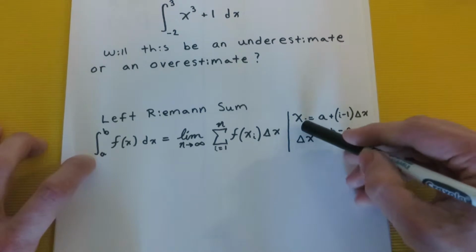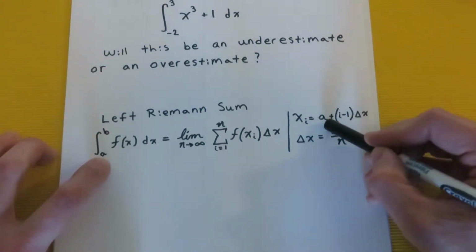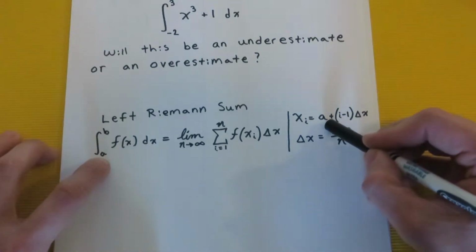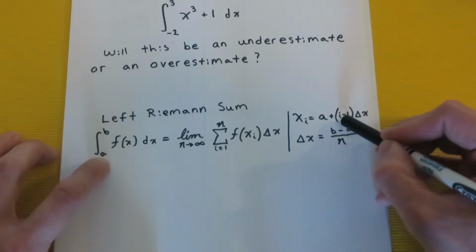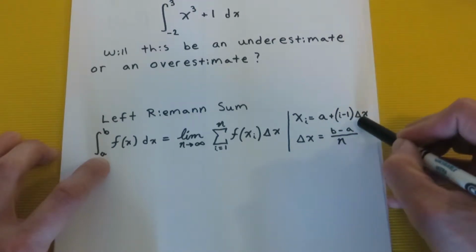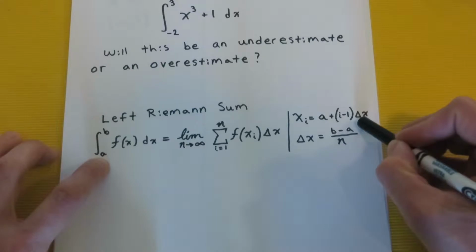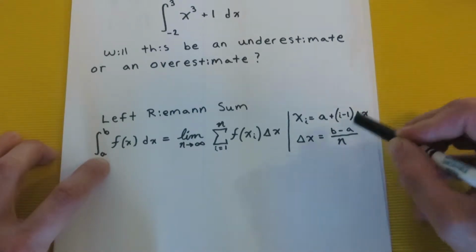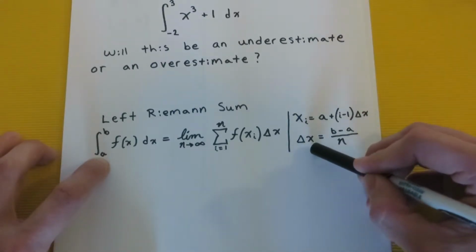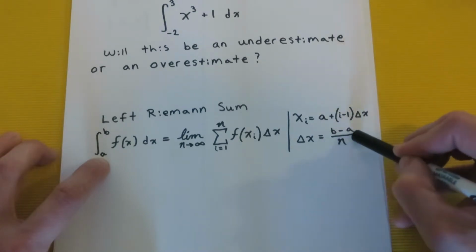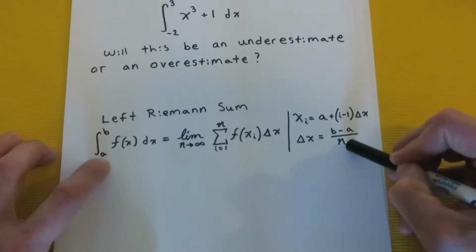We've also defined x sub i as our starting point, our leftmost point, plus i minus 1 times our change in x, delta x. We also know that delta x is going to equal b minus a divided by n.